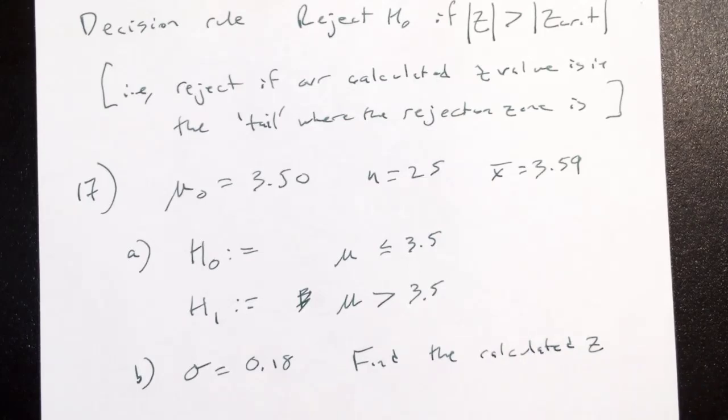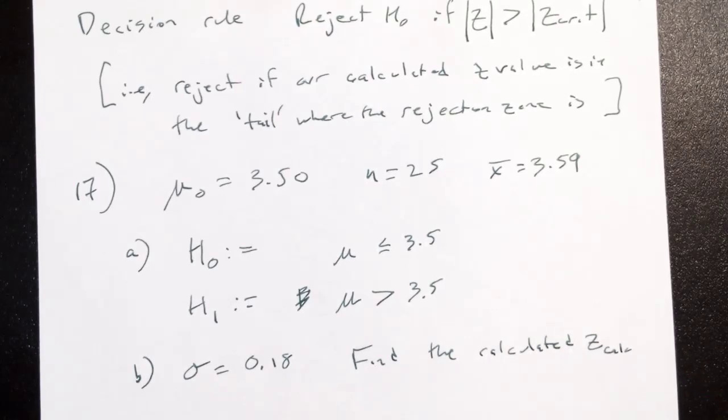I just kept writing z. I'm actually going to write z sub calc. And then I have the calculated one and the critical one. We haven't looked up the critical one yet. I just wanted the calculated one first. What's my z-score?